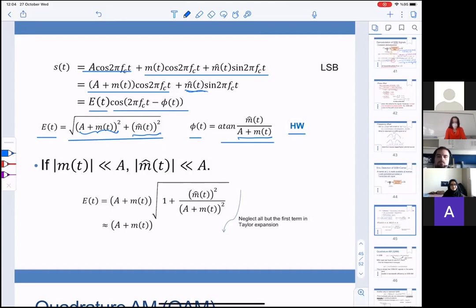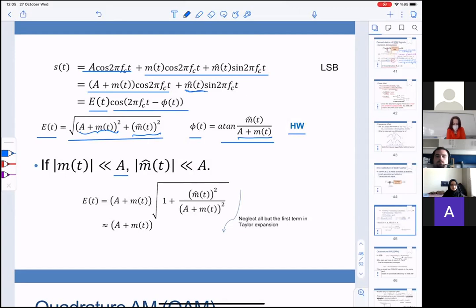Now here is the point at which we need to make some approximations, because the envelope detector is not going to work under all conditions, as you can imagine from conventional AM. In order for envelope detection to work, we need the envelope to really resemble the modulated signal, and that is not going to be the case in all conditions. So suppose the carrier is large enough, with the signal amplitude much less than the carrier.